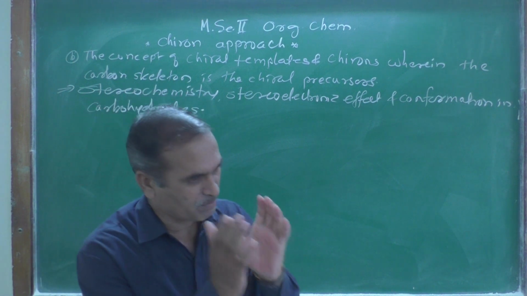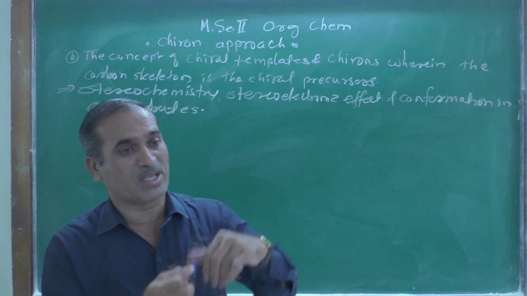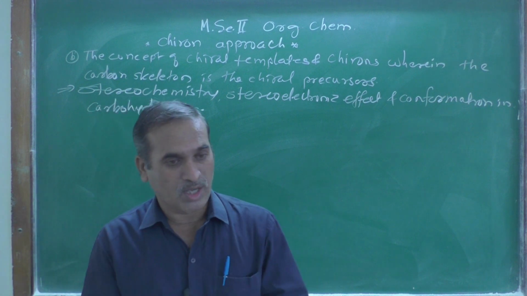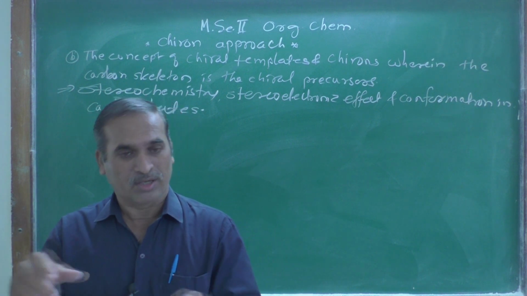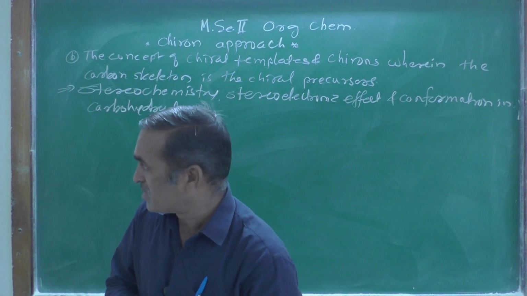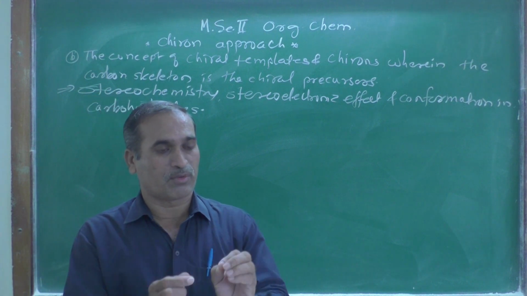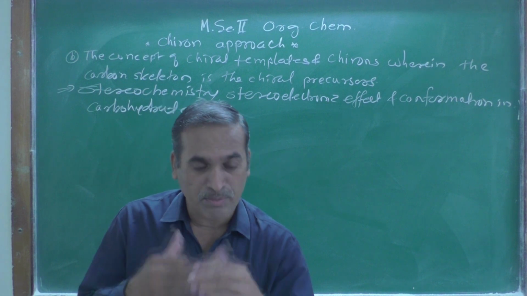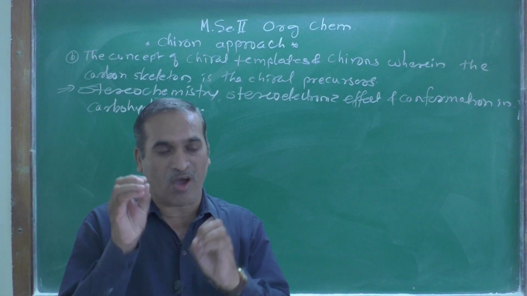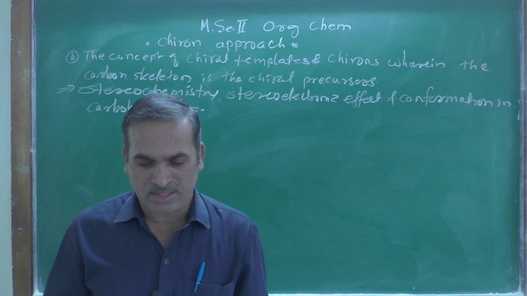What does this definition say? It is a polyhydroxy compound. Poly means more than 2, so 3 or more hydroxy groups are there. So a carbohydrate is a polyhydroxy aldehyde or ketone capable of existing in cyclic as well as acyclic form.